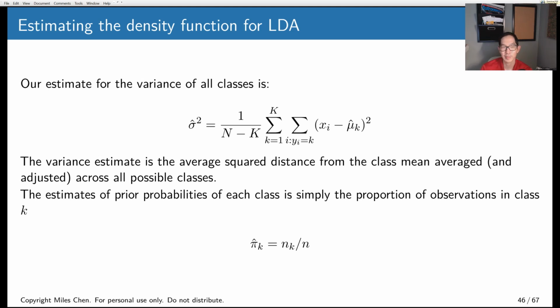And you basically do a weighted average of these things. Okay, so you just take squared distances and add them up. Obviously, the classes that have more observations will get a larger sum, and then you divide in total by n minus k. It's kind of like n minus 1 for variance, but n minus however many groups you have.